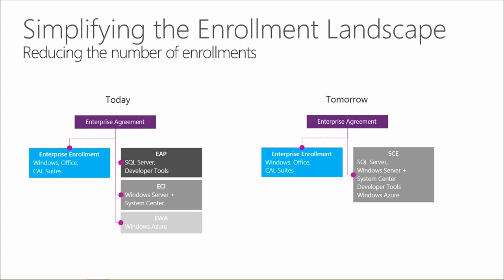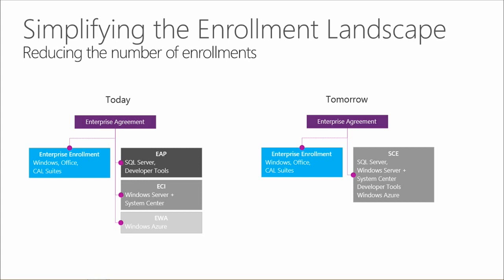It requires no installed base-wide commitment. The Enrollment for Windows Azure, or EWA, is a vehicle for capturing the Windows Azure monetary commitment we use today so customers can get access to the Enterprise Portal, which includes Windows Azure in their EA.